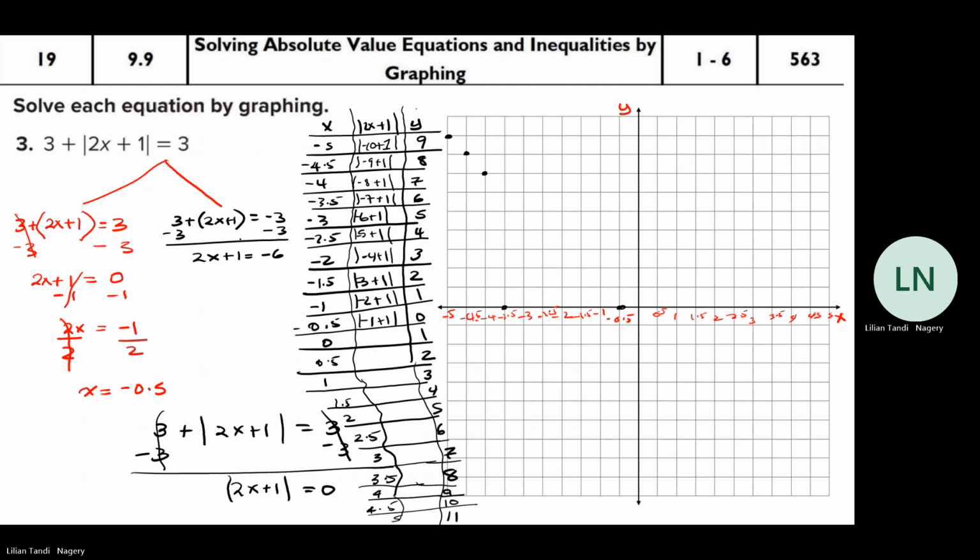Minus 1, minus 1. 2x equals 7, but negative. Why does this one have only one solution? Okay, let's continue. I will figure out what I'm doing wrong as I'm doing my graph.